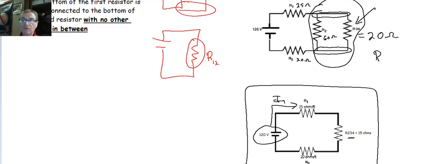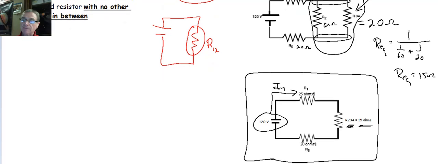So R equivalent in this case is going to be 1 over 60 plus 1 over 20. And when we do the math there, what we get is 15 ohms. So R equivalent of R2 and R34 becomes 15 ohms, and so R234, right down here, is a 15 ohm resistor.